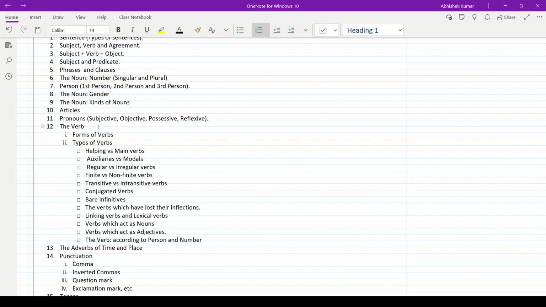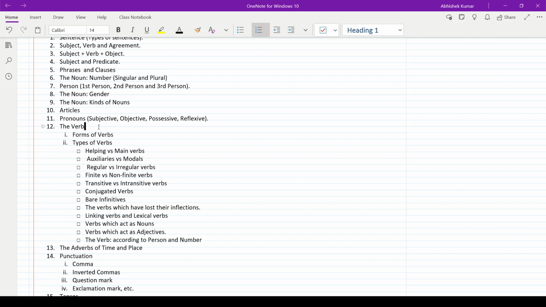Then types of verbs, helping verbs and main verbs, auxiliaries and modals, regular verbs and irregular verbs, finite verbs and non-finite verbs, transitive verbs and intransitive verbs, conjugated verbs, bare infinitives, the verbs which have lost their inflections, there are such verbs, then linking verbs and lexical verbs, verbs which act as nouns, verbs which act as adjectives, the verb according to person.